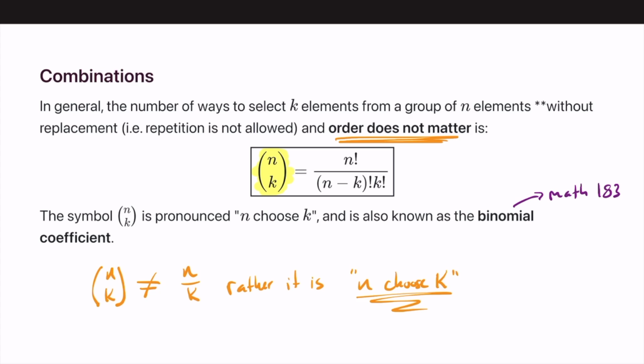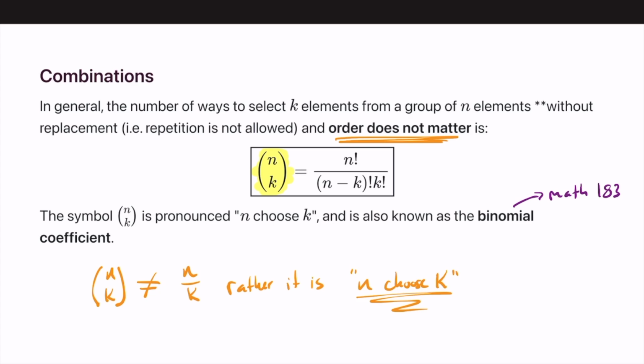And the n choose k comes from the binomial coefficient, which is just a way of expanding the a plus b to the n equation. But anyways, it's not important. I guess an expansion of the sum of a plus b to the n.